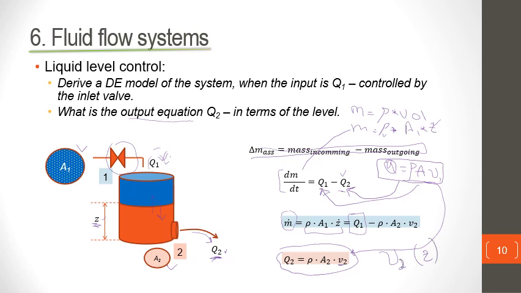So in this equation, because this becomes our differential equation, we need to explicitly state how Q2 is related to Z. We have observed that if the tank is full, the rate at which the fluid goes out will be much higher than if the tank is empty. So somehow V2 is related to Z itself. So we need to break down V2 before we get the final model, or the differential equation, which relates Z to the input flow rate Q1.